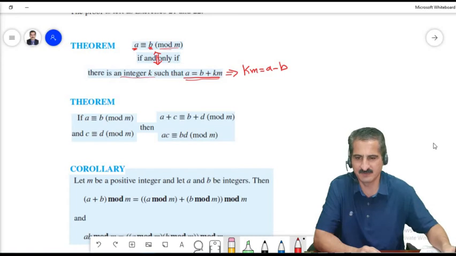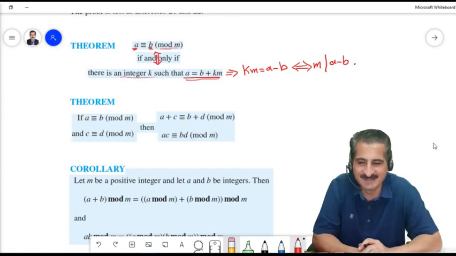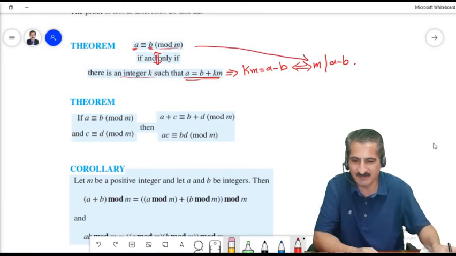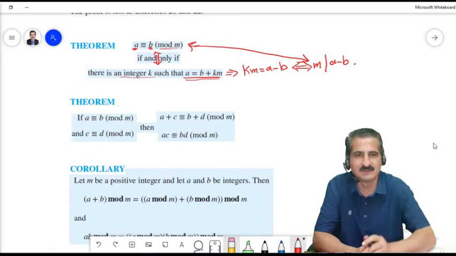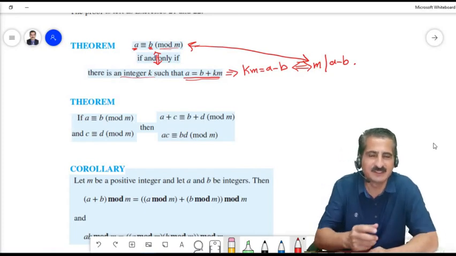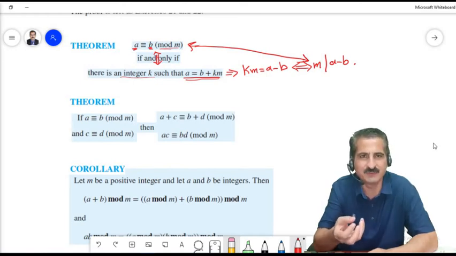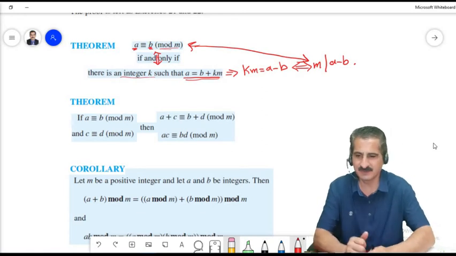But this means m divides a minus b. So we are adding nothing. But we know this happens when this happens. So we are adding nothing, just giving it a different form, introducing an integer k. So this is easy.